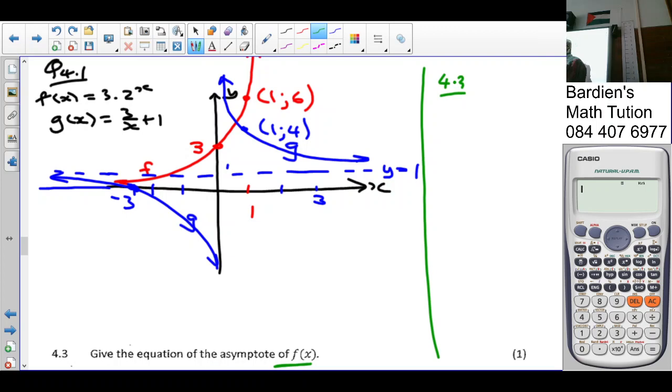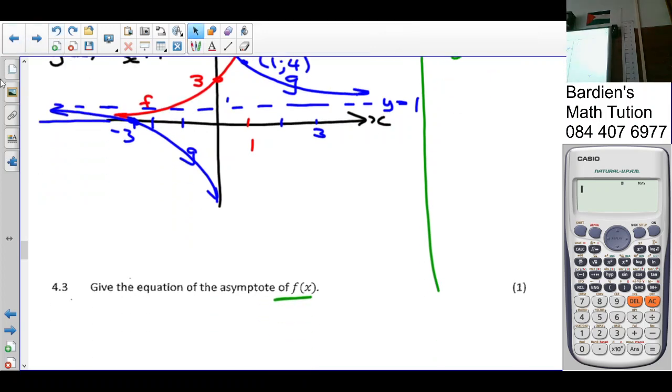I would have asked you a reflection question, or a transformation question. Because I'm anticipating a reflection question, that's why I'm asking. Okay, so the asymptote of f, you see this is the asymptote here, not so? So what is the equation of this? Y is equal to 0.